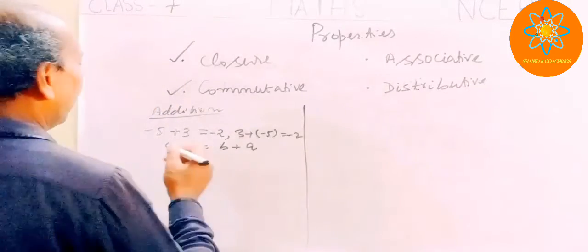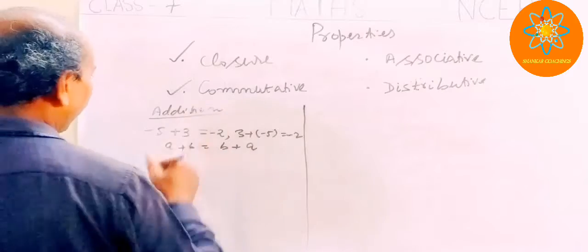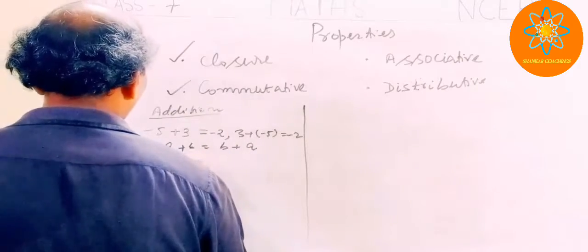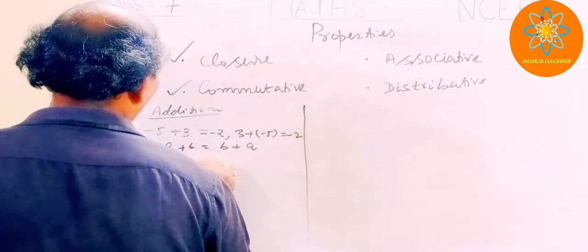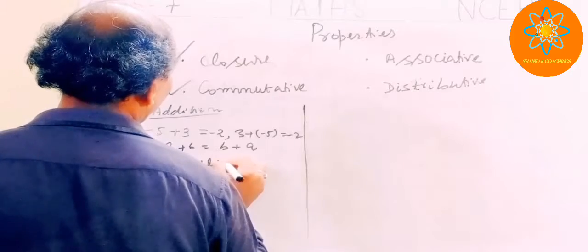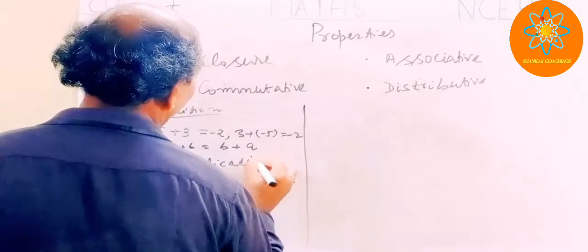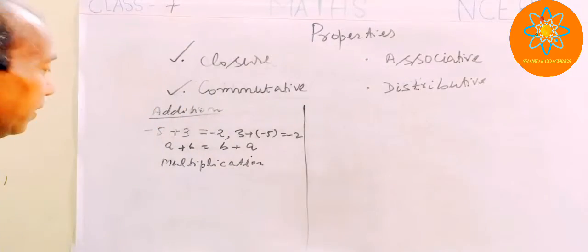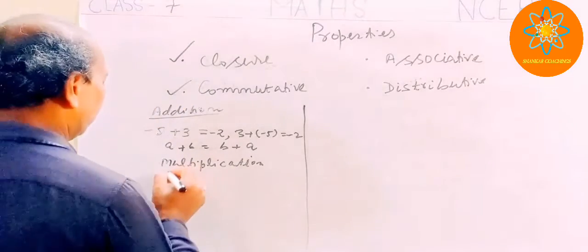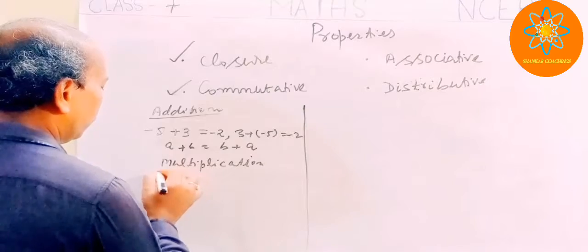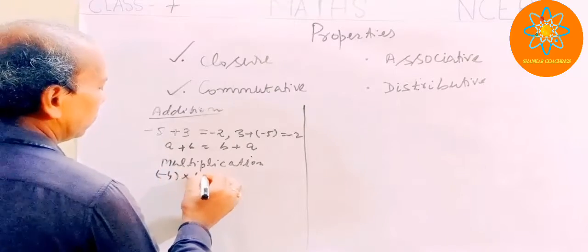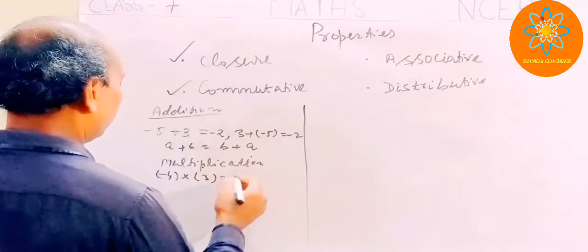Now, after addition, we come to the next one, that is multiplication. For the multiplication case, let's suppose I have minus 4 into 3, that is equal to how much?